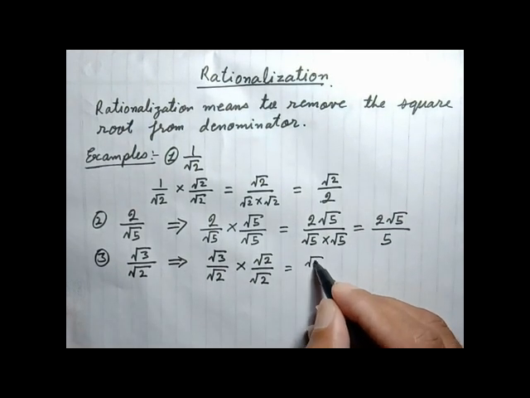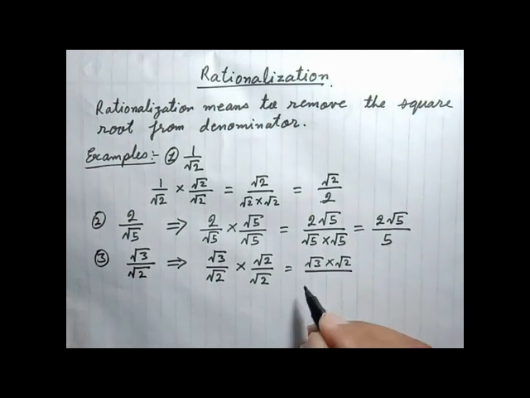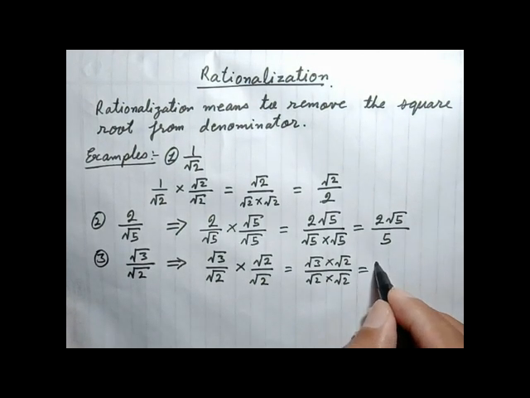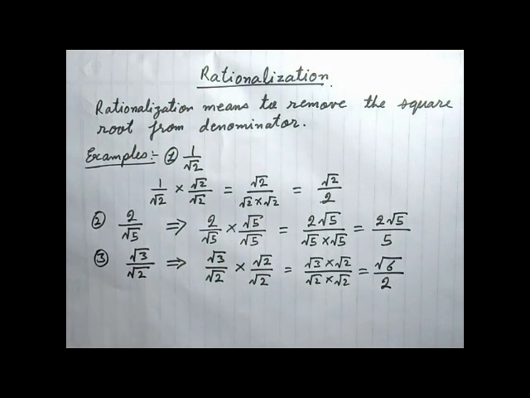So we will get root 3 into root 2 upon root 2 into root 2. That will be equal to under root 6 upon 2, because root 3 into root 2 is equal to root 6.